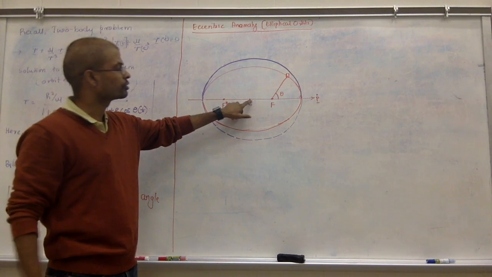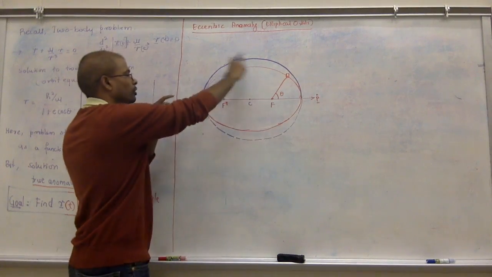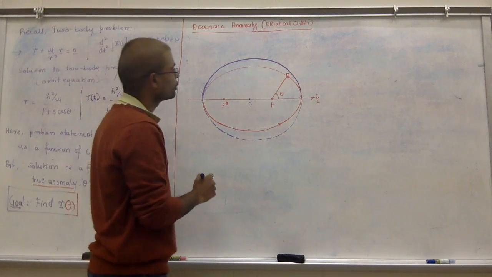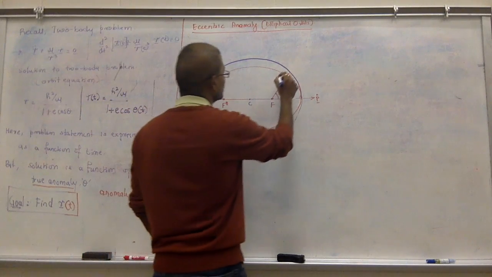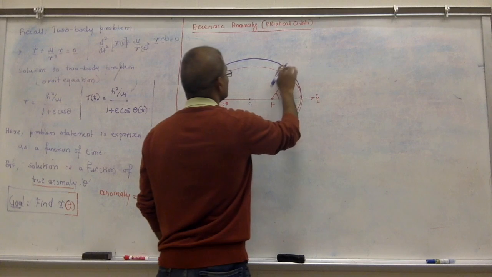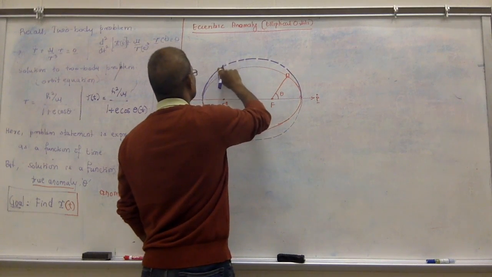You're going to use the semi-major axis as a radius, and you are going to draw a circle, or circumscribe a circle. Okay? And what you're going to do is project this point onto the circumscribed circle.